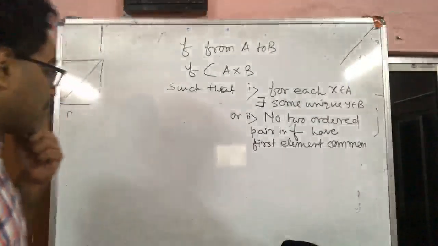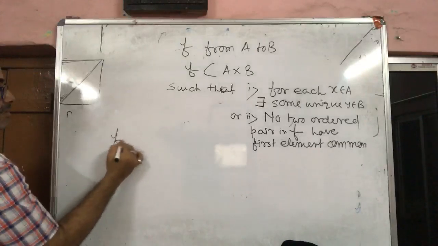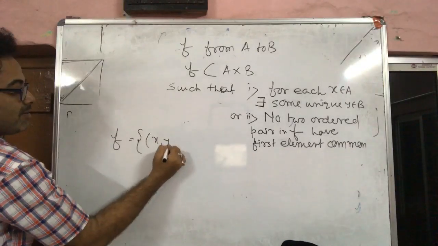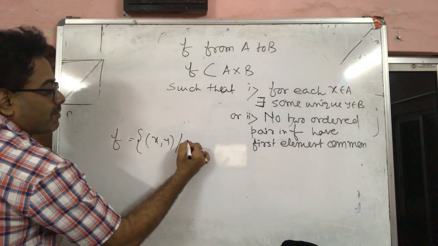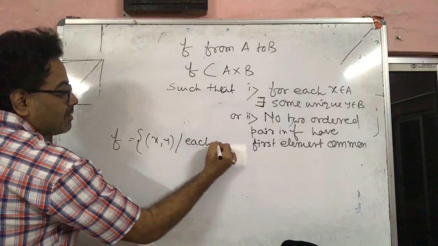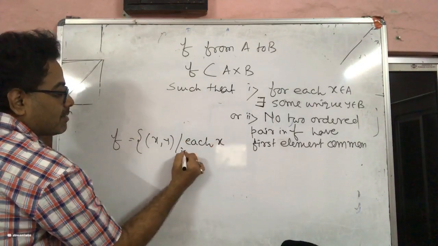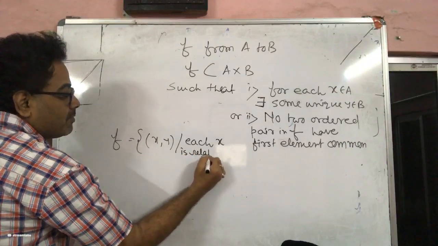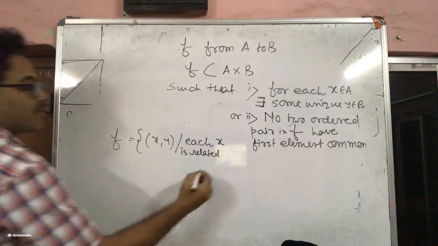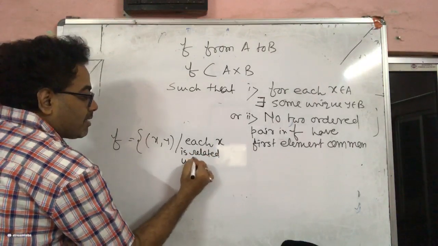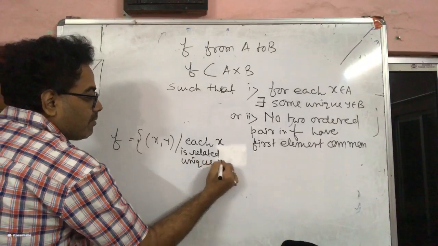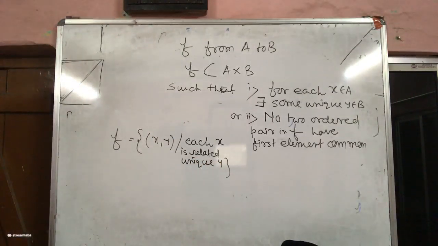So I am describing function like this: x comma y, where each x is related to a unique y. Okay.